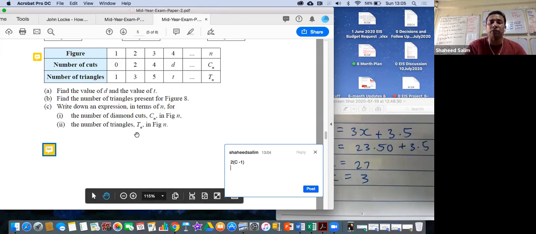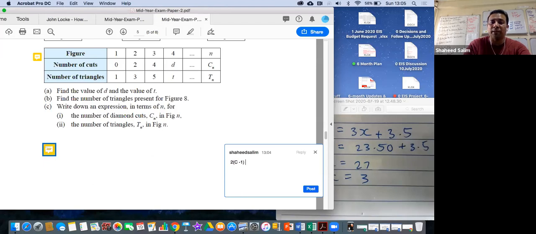Now the next one, the number of triangles. Now the number of triangles is always one more, right? So remember, if you want to find the number of triangles in the c term, you have to plus 1, correct? So now how to do for this one? Number of triangles in figure n. Let's find the diamond first.